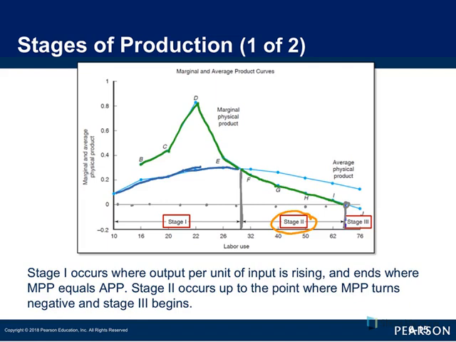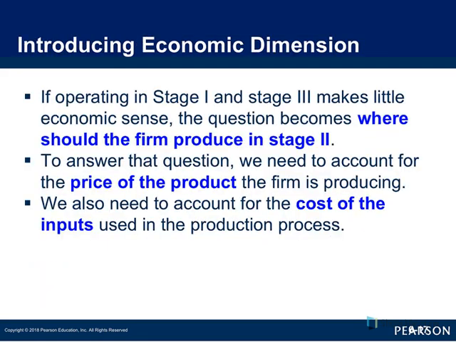Before we can determine exactly where the sweet spot is, we have to take a look at the cost of our inputs. We need to know the price of the product and the cost of the inputs before we can figure out exactly where a producer should be producing in the production function.